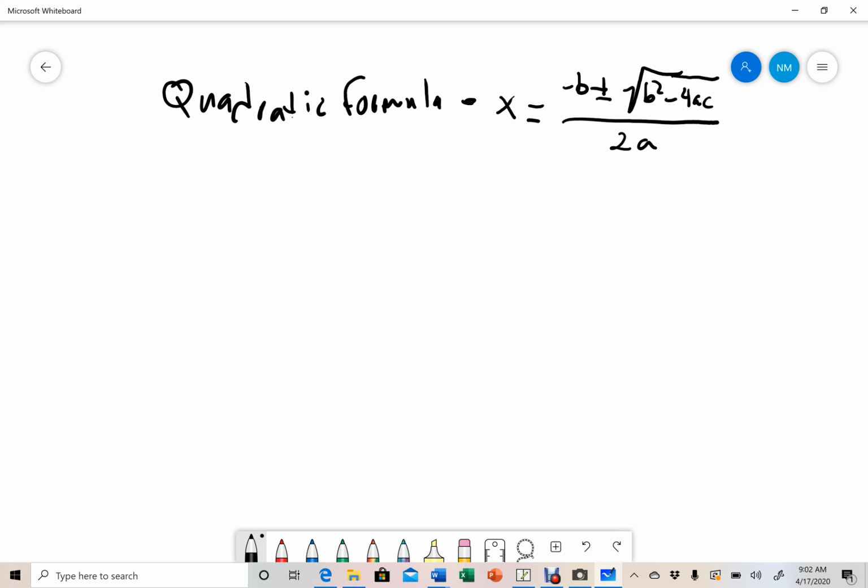We've got x equals negative b plus or minus the square root of b squared minus 4 times a times c divided by 2 times a. So basically all we're going to do using the quadratic formula is plug in our values for a, b, and c, and then we solve through these for x.